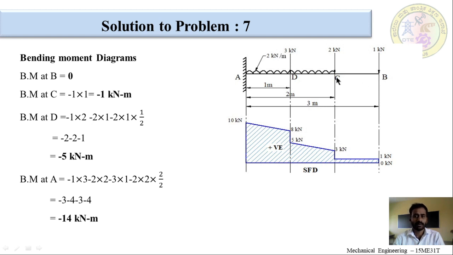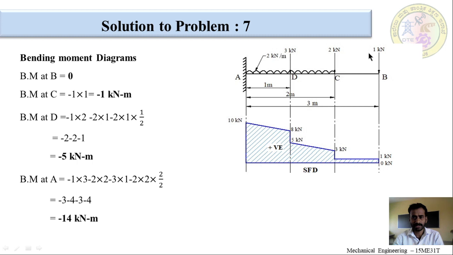Now, moving on to the second point, that is point C, the bending moment at C is equal to this load into this distance. Do not consider the load which is on the point C in case of the bending moment. We are not considering the concentrated loads which are acting on the point at which we are calculating the bending moment. So, only this load is considered, and it is taken with a negative sign because of the hogging bending moment.